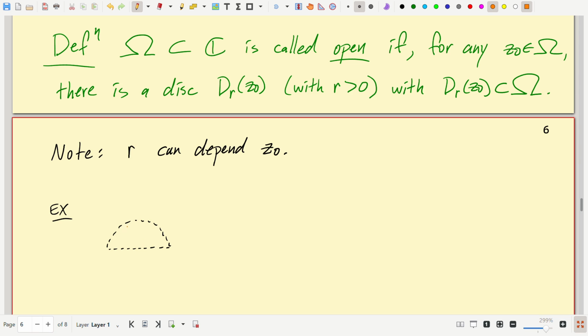This is an open set, the shaded region, but not the dotted stuff. And if you think about what disks I put in there, the disk right about that z naught would have to be a little tiny disk. But the disk about this point could be much bigger, etc. And this one over this corner would also have to be very tiny.